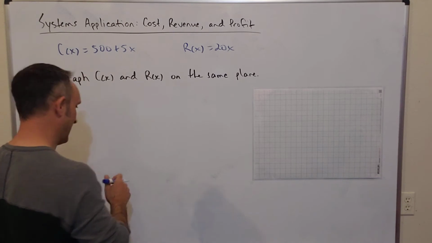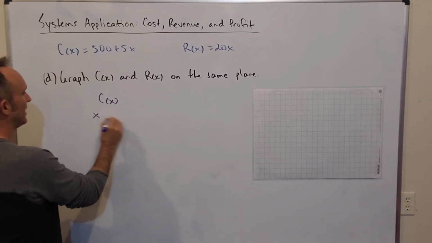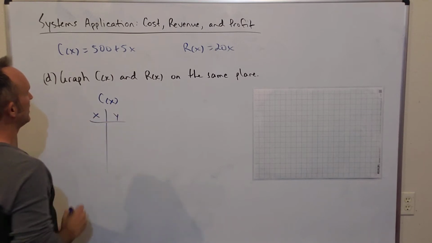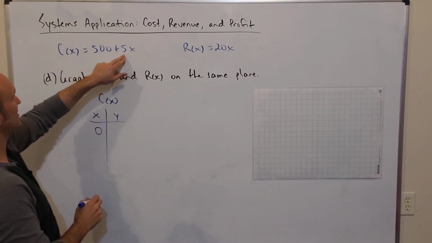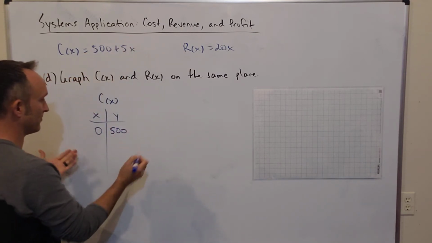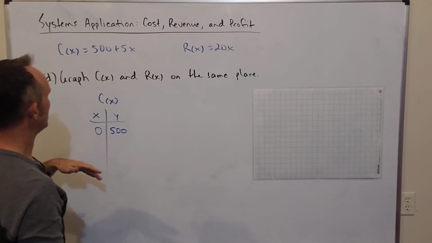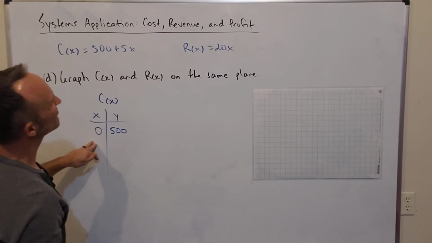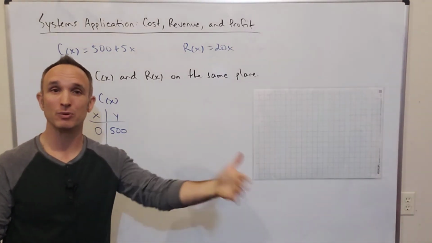If we look at C of x, we could have x and y. And let's use 0, of course. If I plug in 0 for x, then y is just 500. That's the y-intercept. And then let's look at, well, we know the break-even point, remember, was x equals 33 1/3.